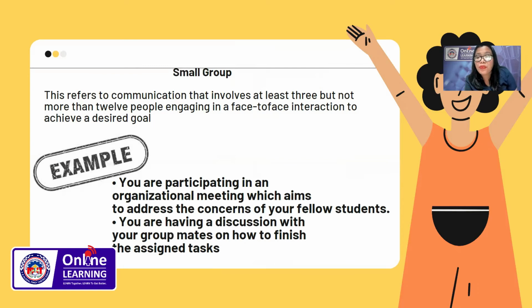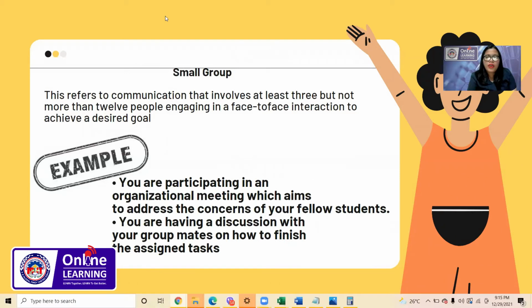For example, you are having a group meeting, group discussion or group activity inside the classroom, or you are participating in an organizational meeting which aims to address the concerns of your fellow students. Again, this is three but not exceeding 12.